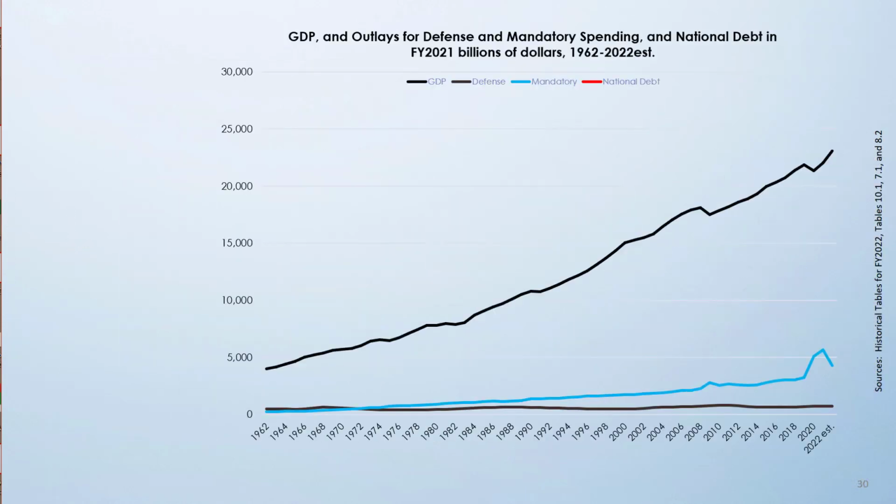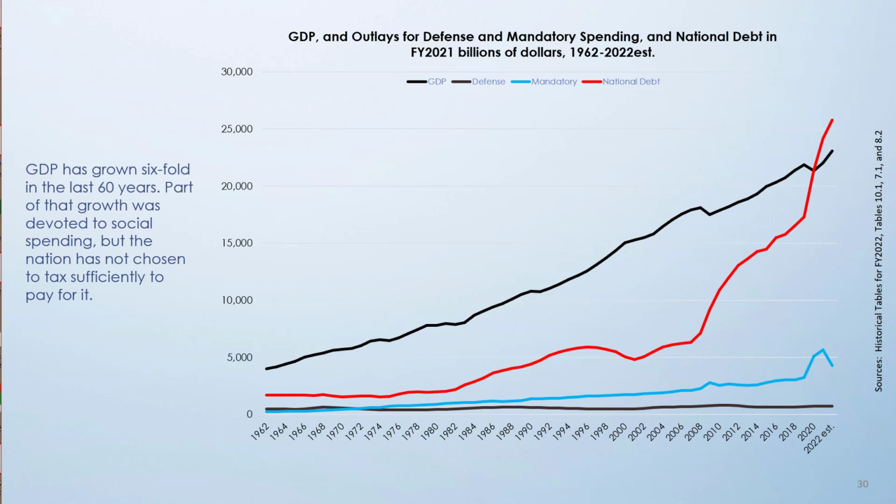Okay, so let me redraw this line with GDP, defense, and social spending and add one more line. That red line is the national debt. So while our GDP has grown quite a bit, and we've devoted part of that to social spending, what we have not done is tax sufficiently to cover all of that spending.